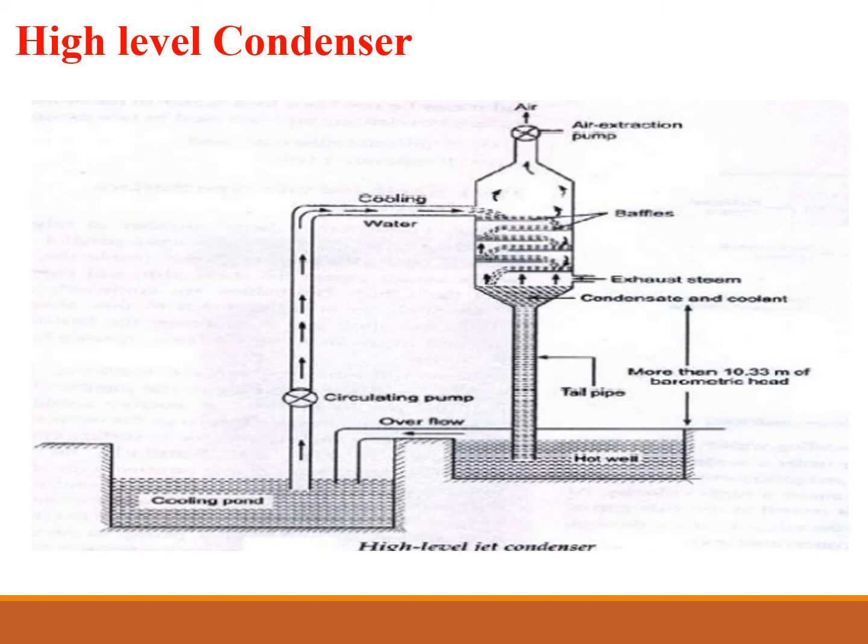The condenser tailpipe length is more than 10 meters in height, which makes it impossible for any vacuum in the condenser to cause the water to rise high in the tailpipe by capillary action, and thus there is no need of a water extraction pump. The tailpipe is immersed in the hot well.